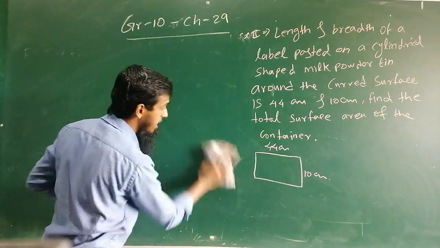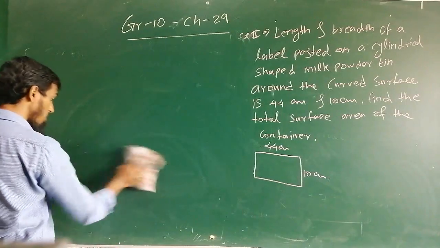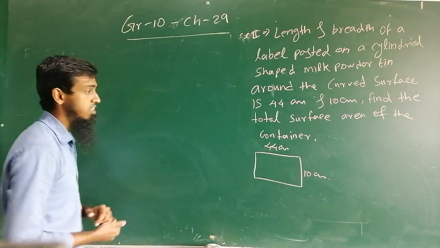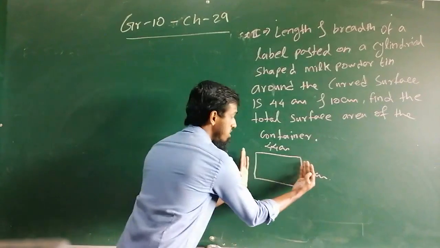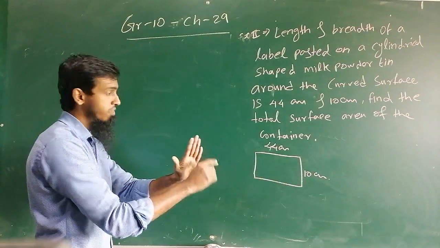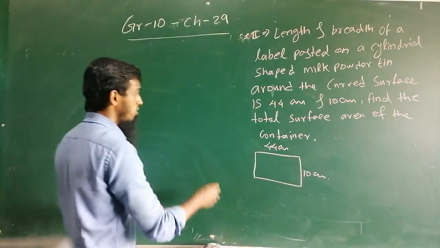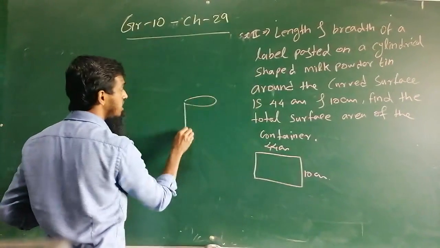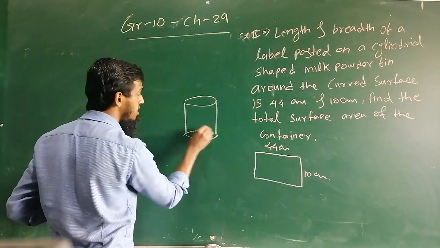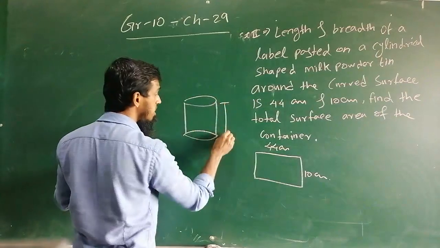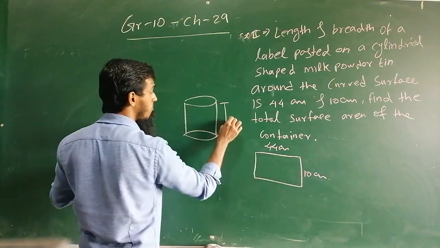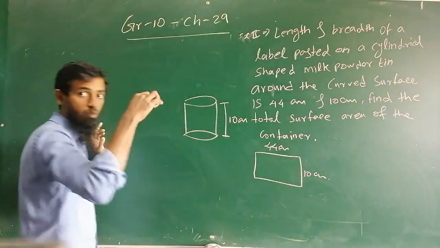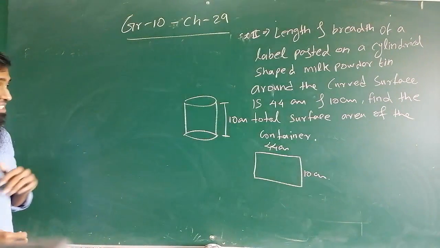So we need to connect the data with the primary idea we discussed. If you fold this rectangular shape breadth-wise, we can imagine the cylinder tin. The height of the cylinder tin is directly the breadth of this label. That is what we discussed in the basics.